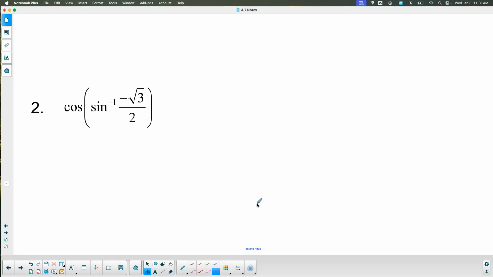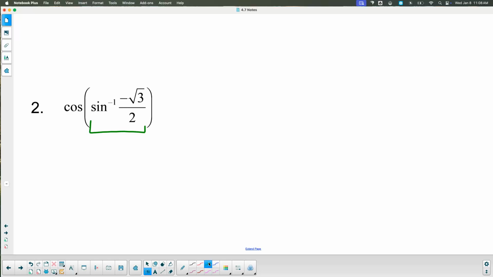So again, we would start inside. Inverse sine of negative root 3 over 2. What do you think, Rach? 5 pi over 3? Do I like it? No. Why not?